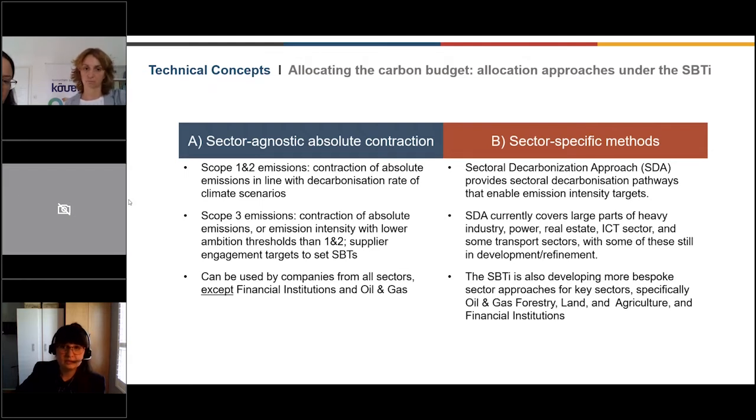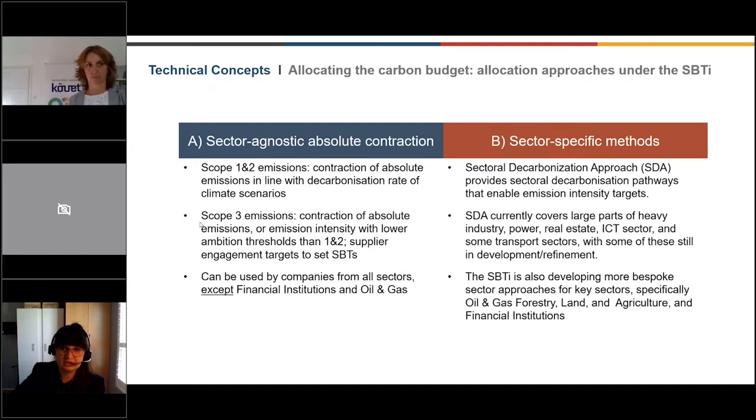And then the second option is a sector-specific method, and this draws into the methodology that's been developed by the Science Based Targets Initiative called the sectoral decarbonization approach, and that has a look at available mitigation options and the specific share of the global carbon budget that a specific sector should have, and then models the reduction pathways according to this information.